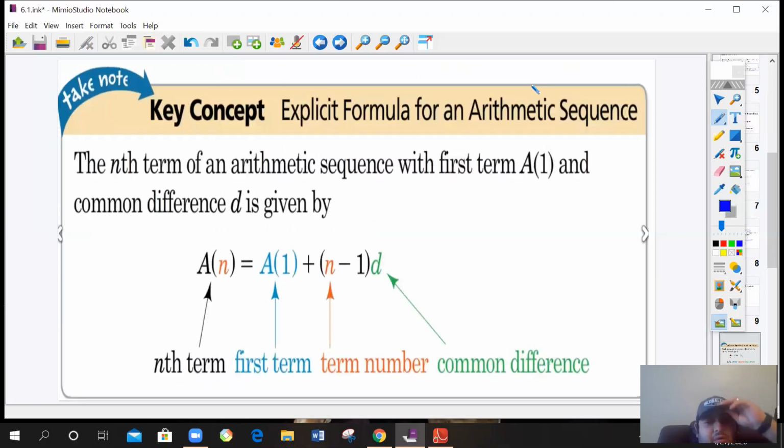All right, so once we have learned the basics of arithmetic and geometric sequences, we're going to be focusing on explicit formulas for arithmetic sequences. This is something that you have to memorize, you have to learn it, because it's basically going to help you in the long run to determine future numbers, when you're looking for a certain term that is not the next term.